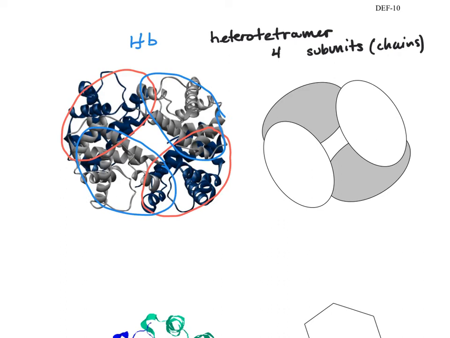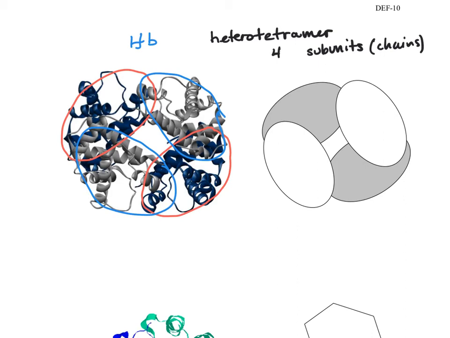That's the two different ones that form these different structures. They're very similar to each other, but they're not identical. If one of them or more is different than the others, we have to call that a hetero whatever, heterotetramer in this case. Now, it could be that we have two of each type, or it could be we have three of one type and one of the other. Those would both be heterotetramers.